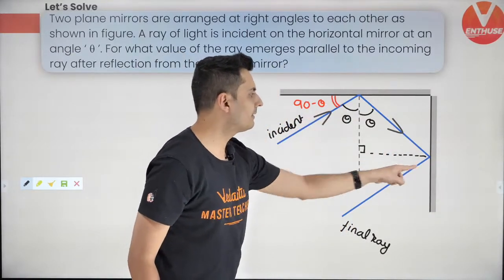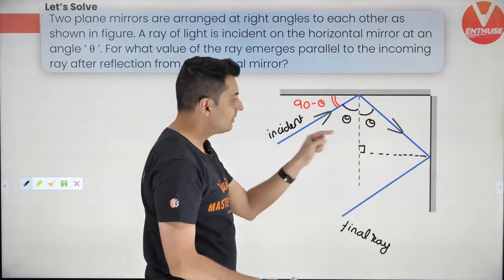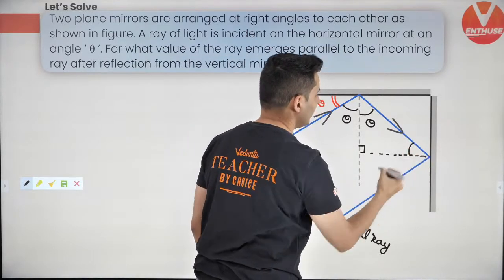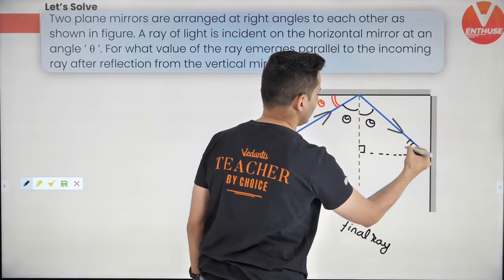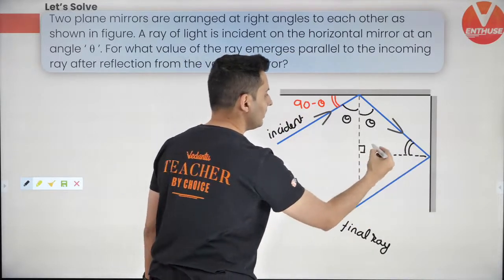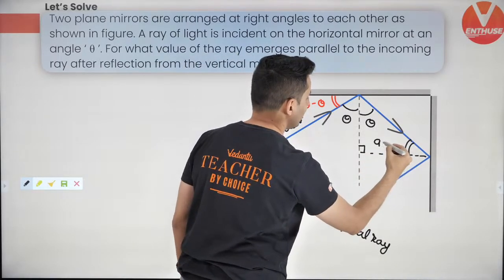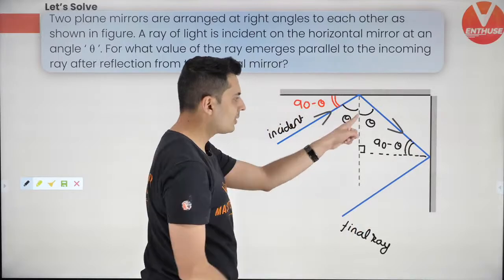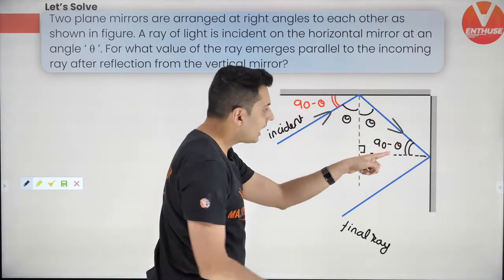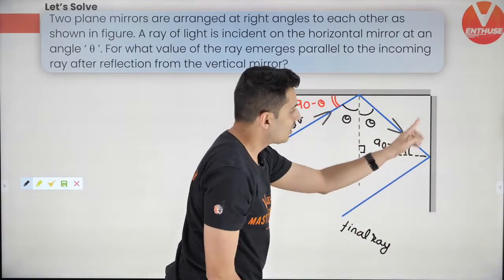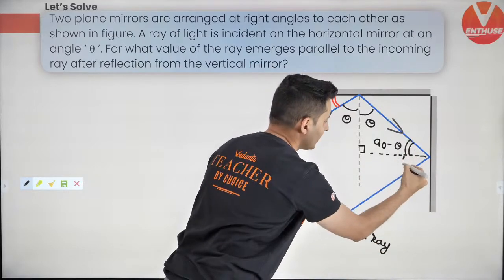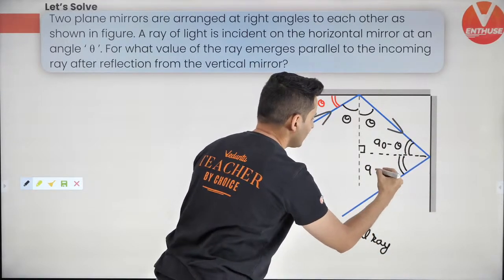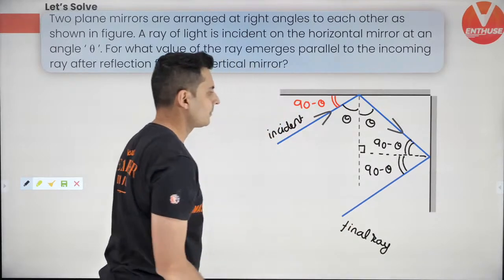Now in this right angle triangle, what will be this angle? This angle over here will also be 90 minus theta because it's complementary, and this will be the angle of incidence for this mirror. So obviously the angle of reflection must also be 90 minus theta.